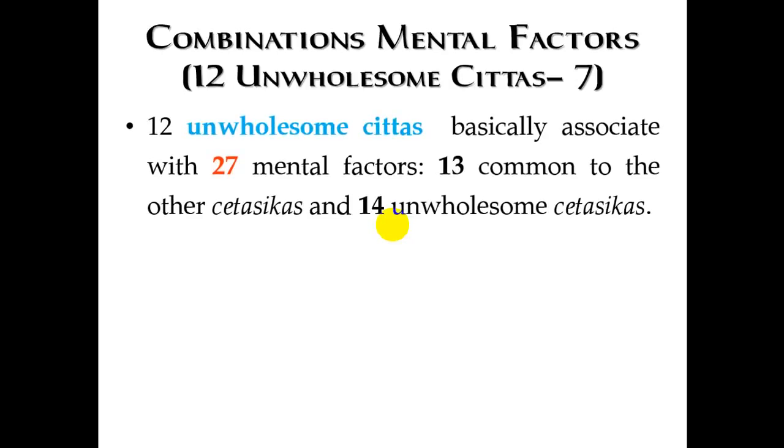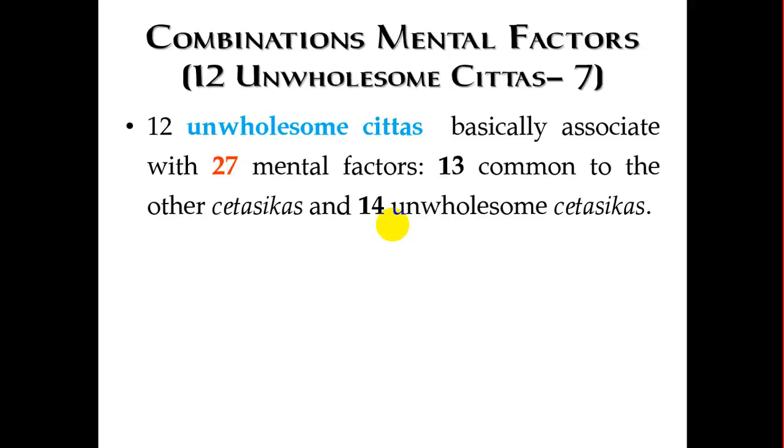So sorry. But if your concentration is high, it's not difficult. You have to use your full mindfulness and concentration, right? Otherwise, confusing. We have 7 methods. First of all, you need to know that the 12 unwholesome Chetas basically associate with 27 mental factors only. 27 mental factors only. 13 common to the others, Cetasikas, and 14 unwholesome Cetasikas.